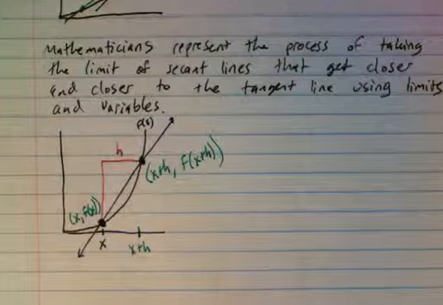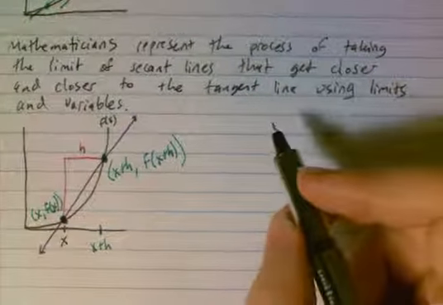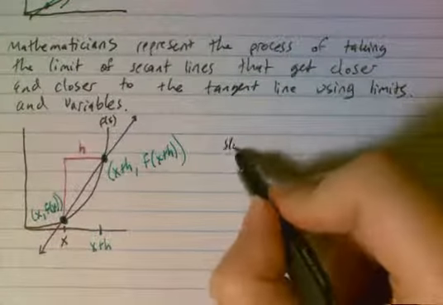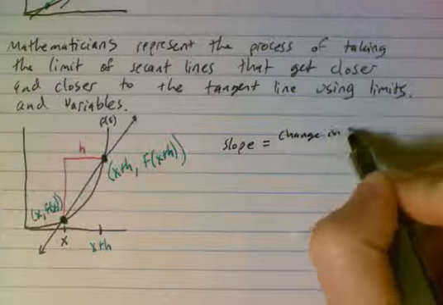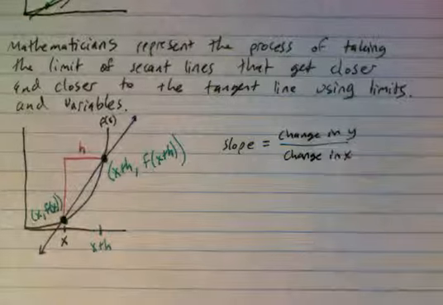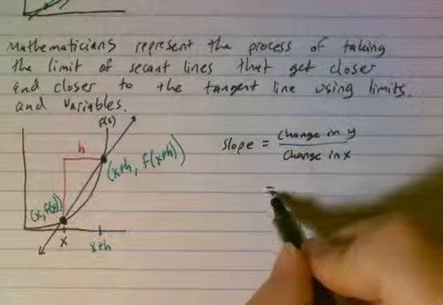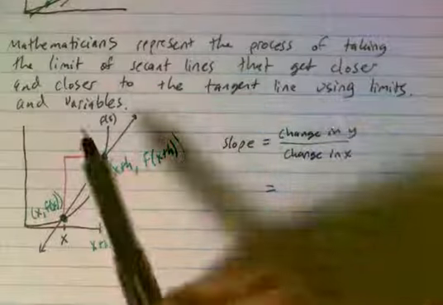So by setting it up that way, they were able to do the following. They could say, okay, slope is change in y over change in x. And the way that we find that is by subtracting.